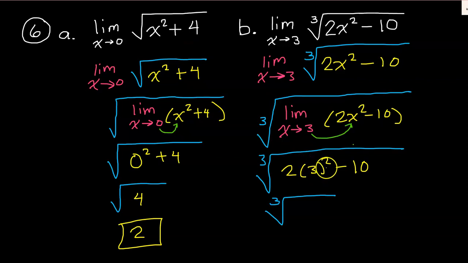Well, 3 squared is 9. 2 times 9 is 18. And 18 minus 10 is 8. And then, of course, if we take the cube root of 8, that's just going to be 2.